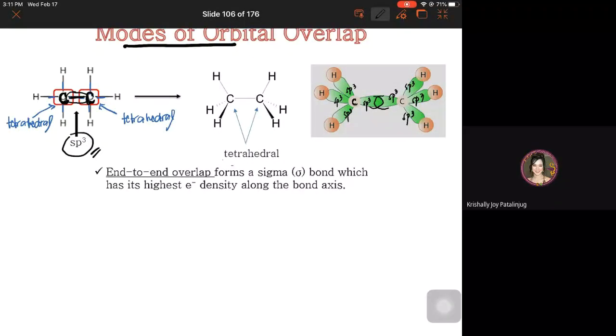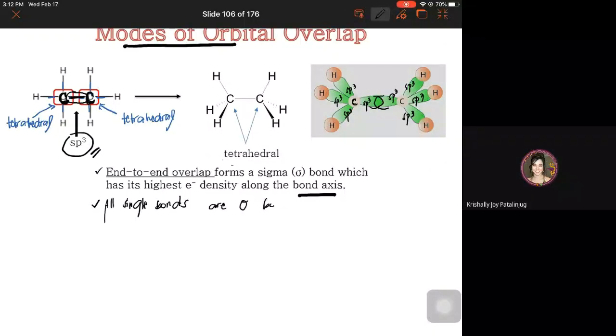Okay? When we say sigma bond, the highest electron density resides on the bond axis. Along the axis where the bond was formed, the highest electron density resides or is occupied there. Alright? Then take note that all single bonds are sigma bonds. Okay?